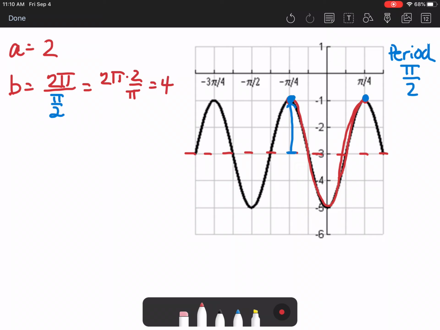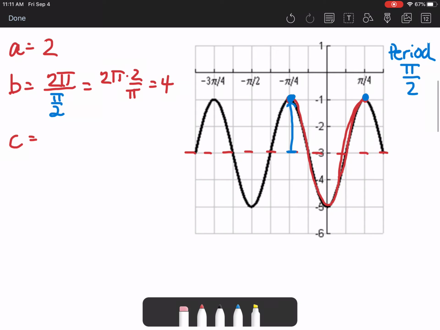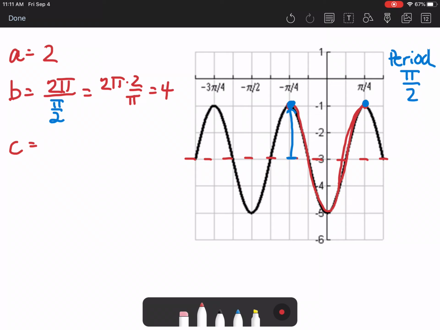So B is 4. Okay, C, all we have to do is look at the graph and say, where did I say I'm starting horizontally speaking? Okay, well, I said right here that I am starting at -pi/4. So C is -pi/4, and be careful, remember, when we put this in the equation, we're going to have to put in the opposite. And then D, we also get that by looking at our graph. That's simply the midline. That's our vertical shift, and this has gone down 3. So now we can set up our equation.